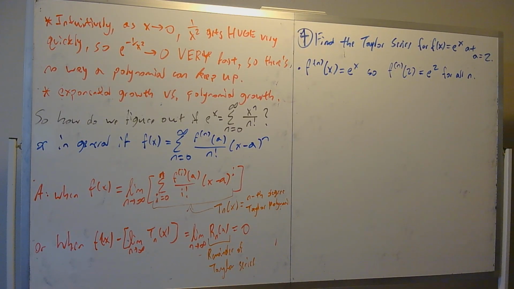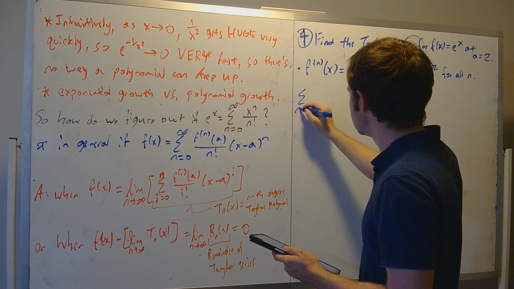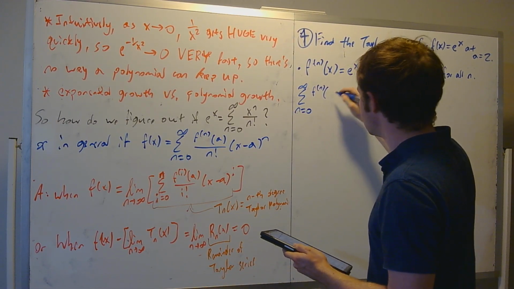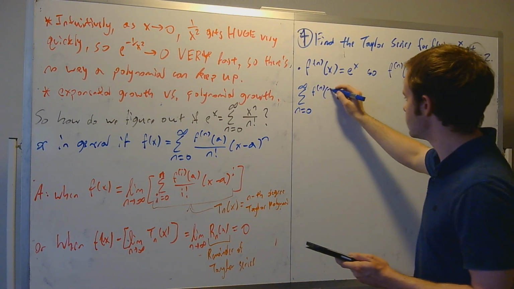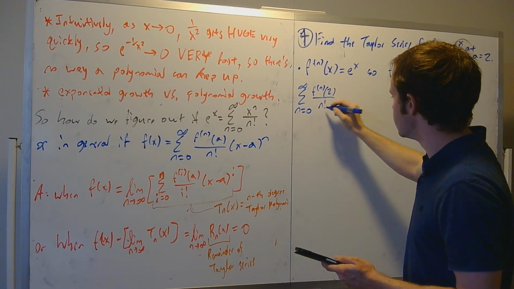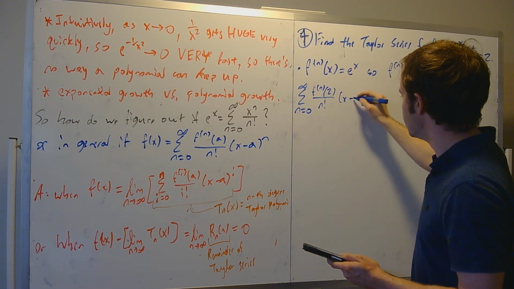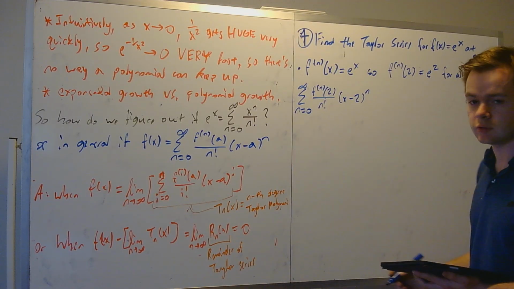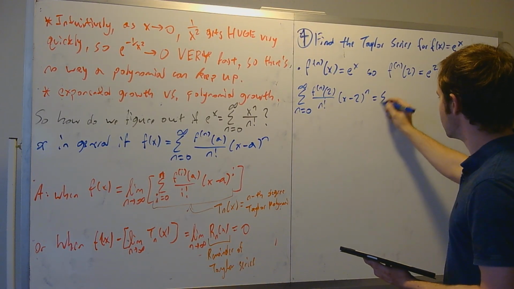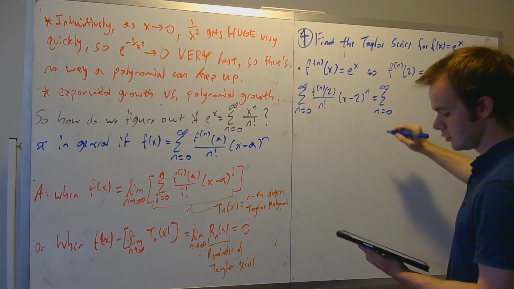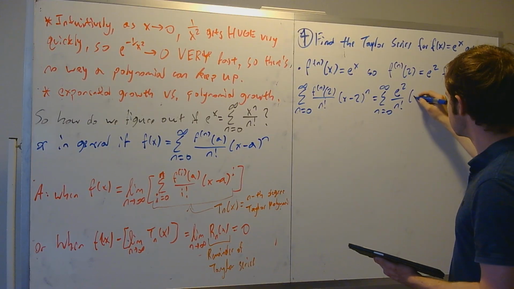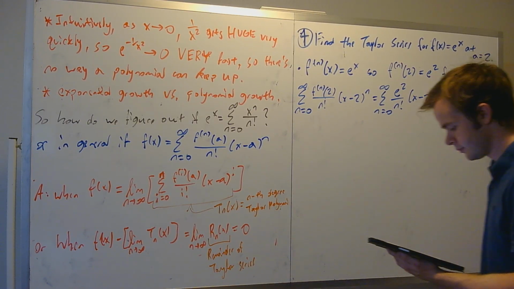Now we write our Taylor series, which was the nth derivative at a equals 2, so the nth derivative at 2 over n factorial times x minus 2 to the power of n. That was our Taylor series formula for when a is equal to 2. Now we just plug in what we know. This is the sum from n equals 0 to infinity of e squared over n factorial times x minus 2 to the power of n.